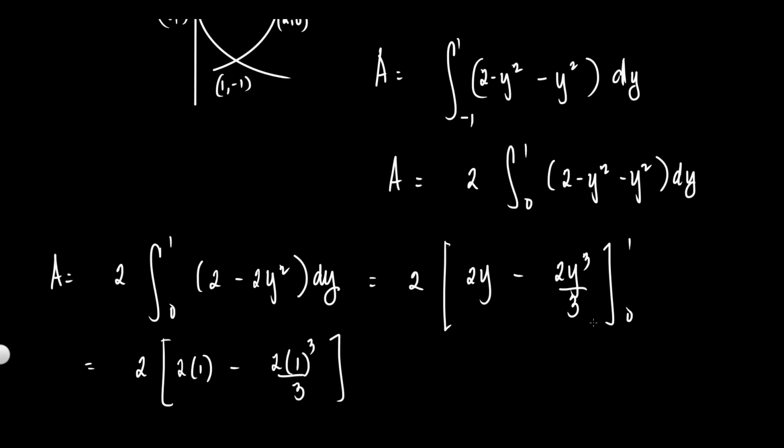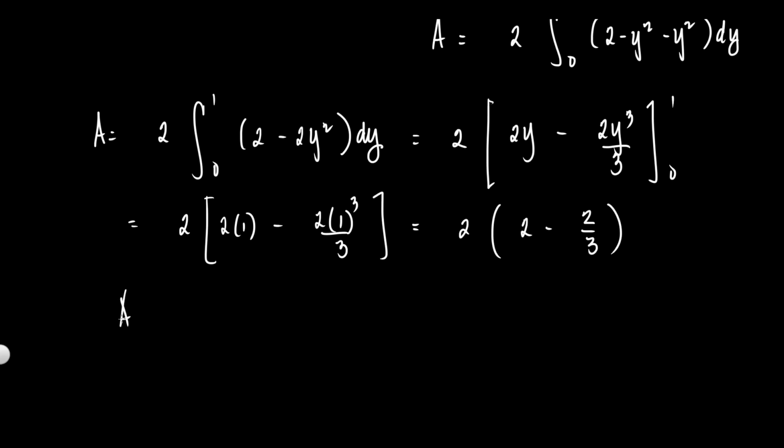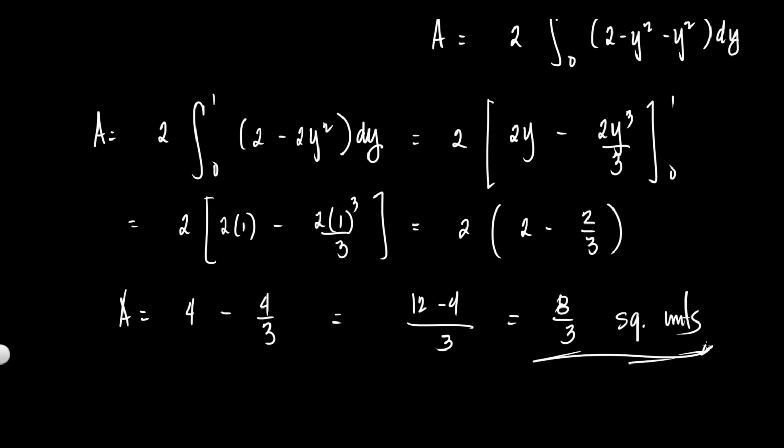The lower limit, 0, has no value. So we have 2 times 2 minus 2/3. The area is equal to 4 minus 4 over 3, or 12 minus 4, which is 8 over 3 square units. So, easy, right?